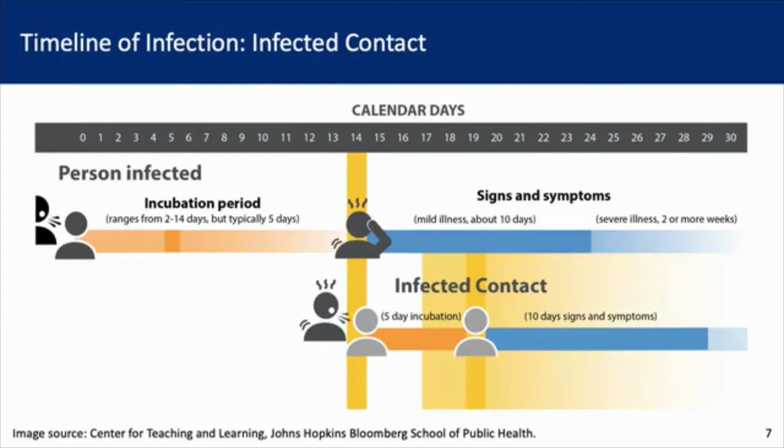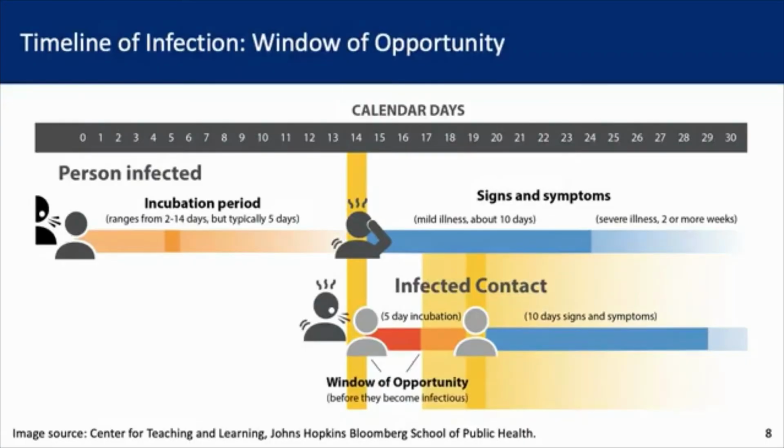So the point of contact tracing is to find those contacts and ask them to stay home so they don't infect anybody else. And as you may recall, that window of opportunity to find them before they themselves become infectious and could infect someone else is pretty quick. And so this is important to keep in mind when you are finding contacts and tracing contacts. This whole system of finding cases and contacts has to happen on a very short timeline to be optimally effective.